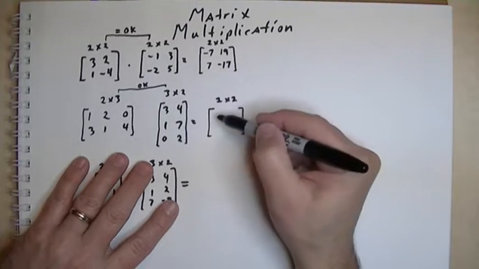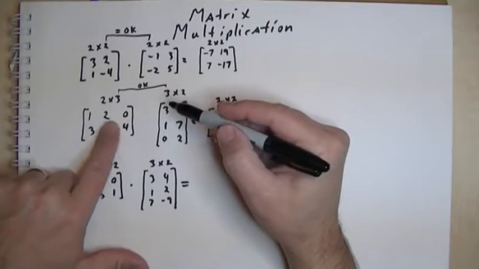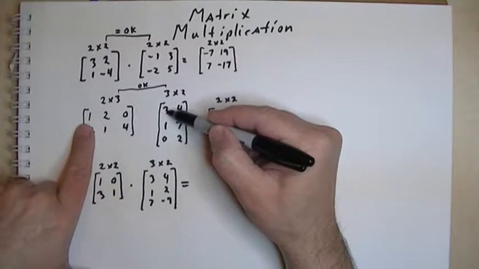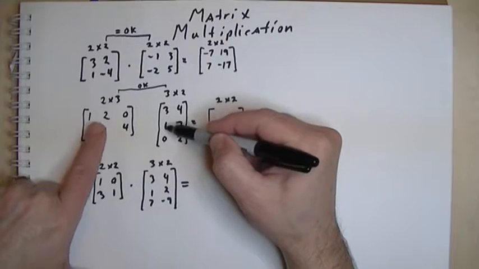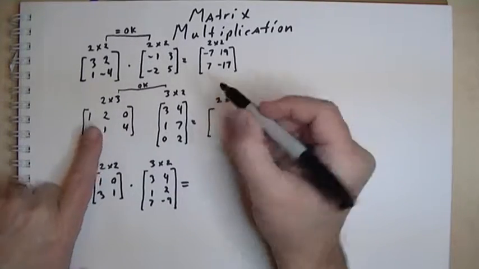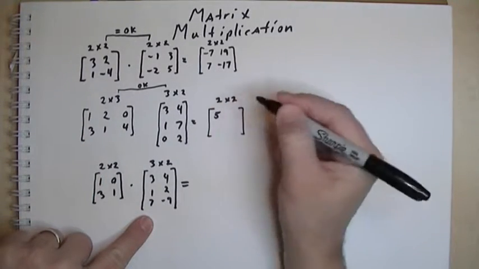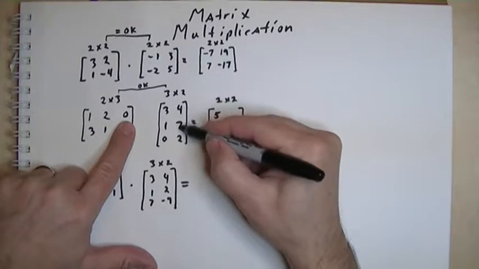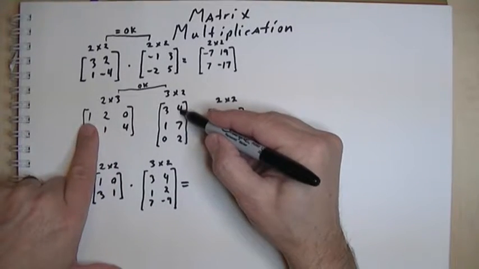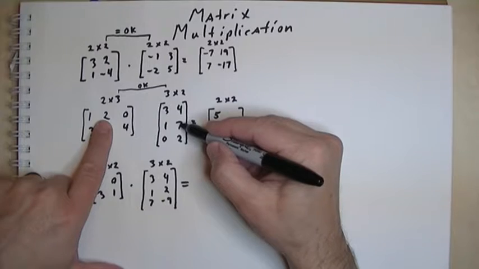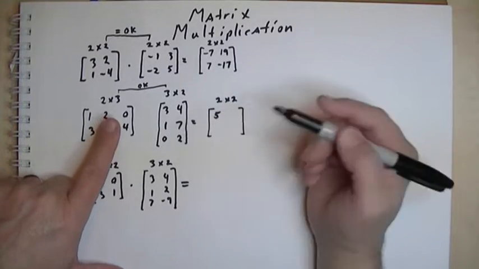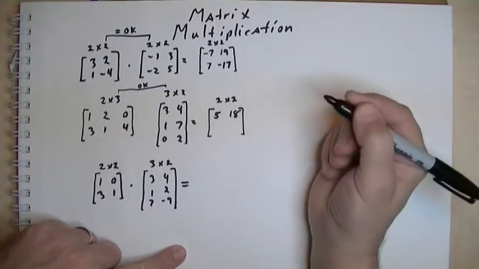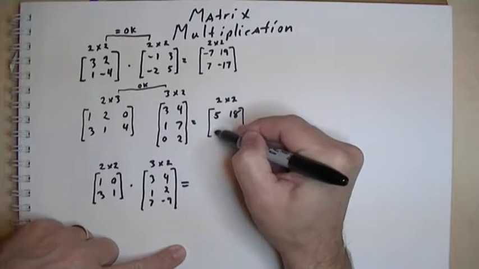So again, I want the first row, first column element. So I look at the first row here and the first column here, and I end up with a 3: 3 times 1 is 3, then 2 and 0. That gets me a 5. Stay on the same row, go to the next column. 4, 14, 4 and 14 make 18, and then a 0. Now I go to second row, first column.